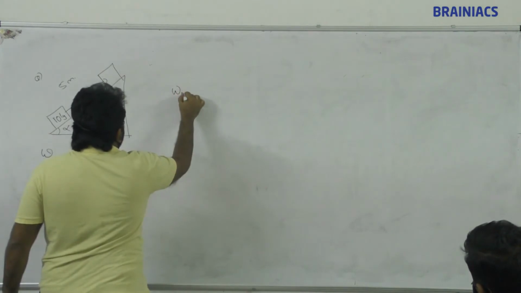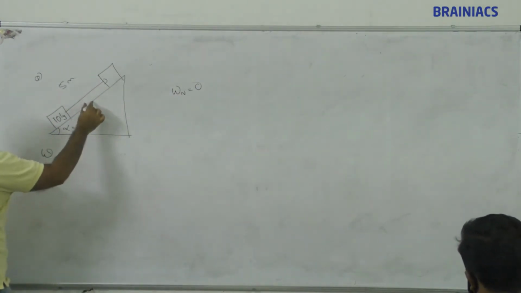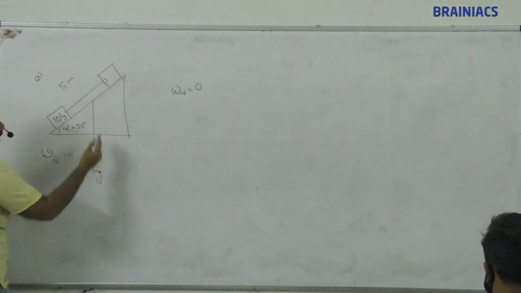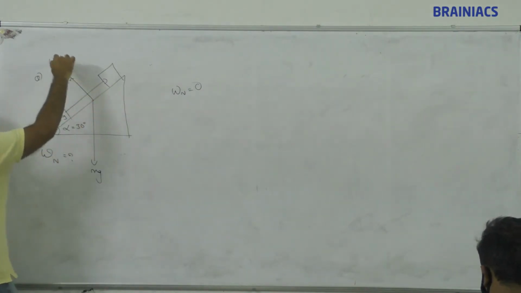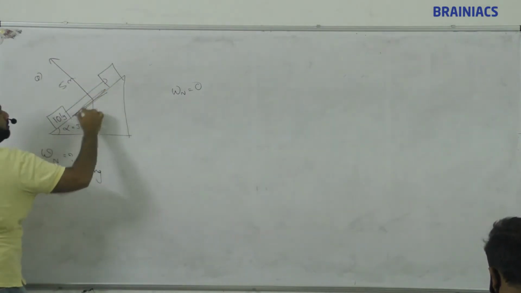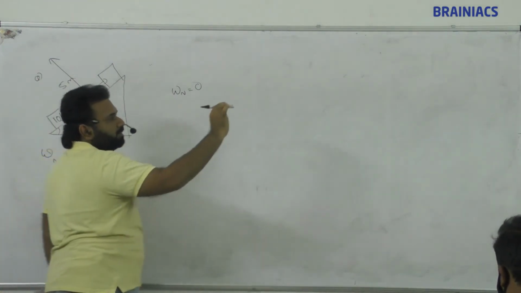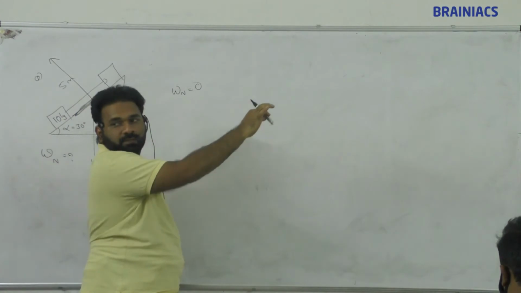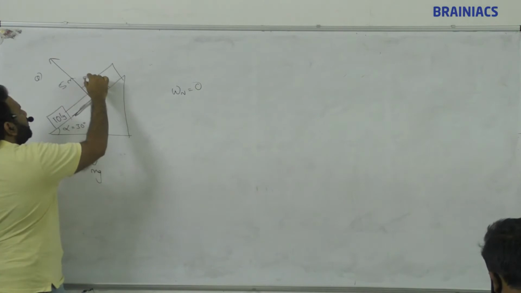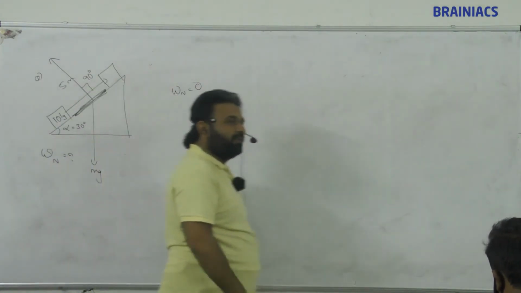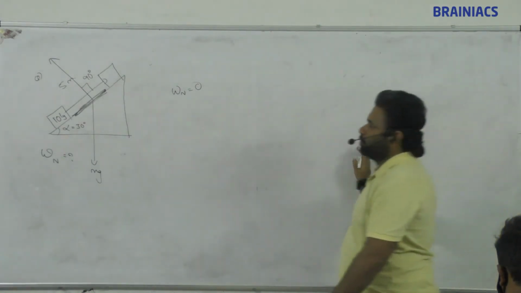Work done by normal reaction will be 0. Why? Because mg was acting exactly towards the ground, but the normal reaction acts perpendicular to the plane. If this is the plane, this will be the normal reaction. So for the normal reaction, the angle with the plane will always be 90 degrees. Correct? Understood. Right.